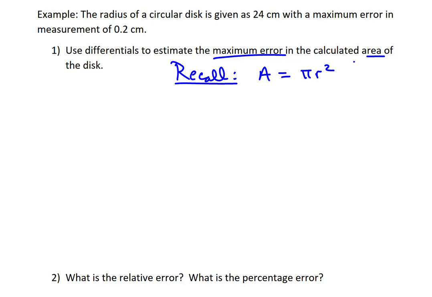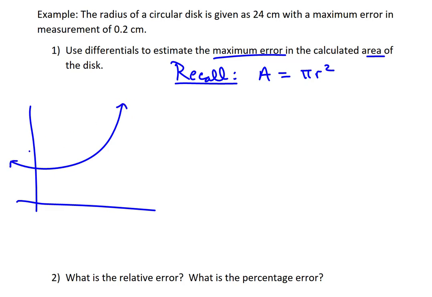Now, we have to understand the context as well. If we're trying to use differentials to get this estimate, I think a picture is sometimes helpful. Notice that if our area formula is pi r squared, that's a squared, that's a parabola. So even our picture could be fairly accurate. If we just draw some roughly parabola looking thing, I'm focusing in on quadrant 1 because we're talking about positive values here.